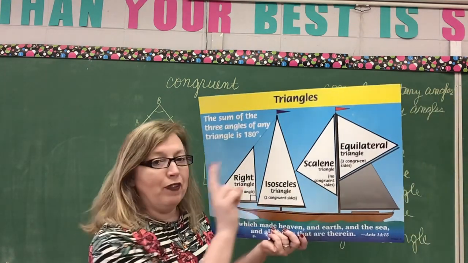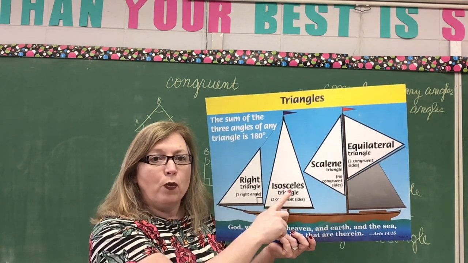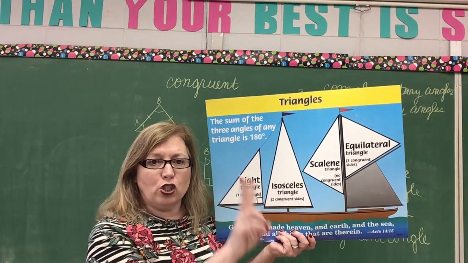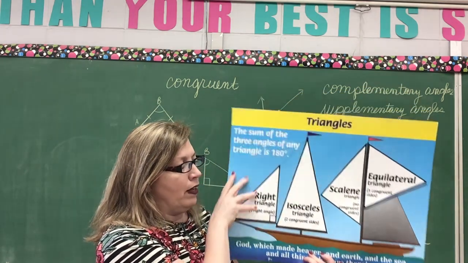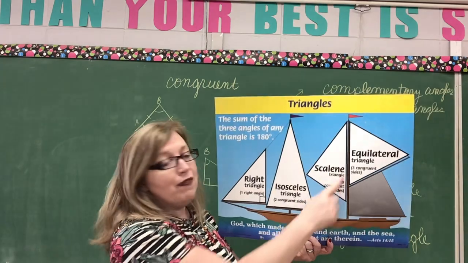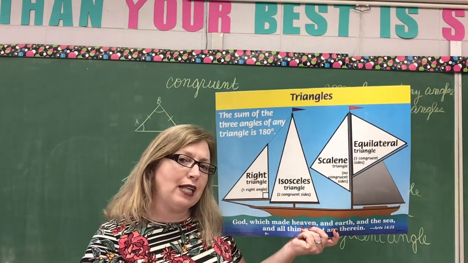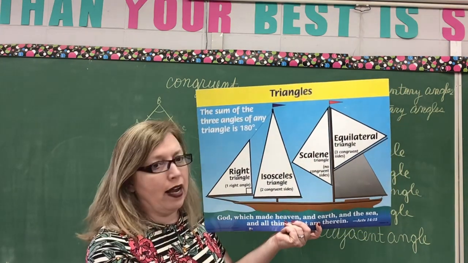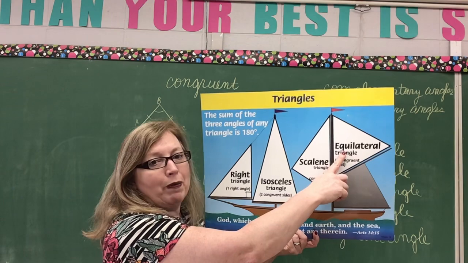Look at the next one. So we've had two types of triangles. We have a right triangle, which has a right angle. We have an isosceles triangle, which has two congruent sides. Now we have a scalene triangle, and notice that none of the sides are the same length. There are no congruent sides in a scalene triangle. Okay, the last one is easy to remember because of the name of it.